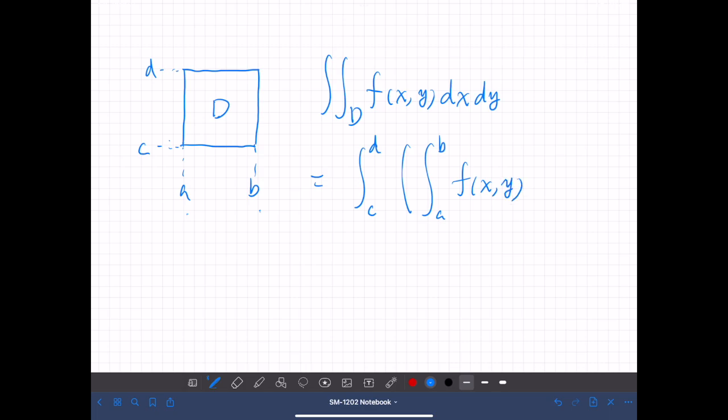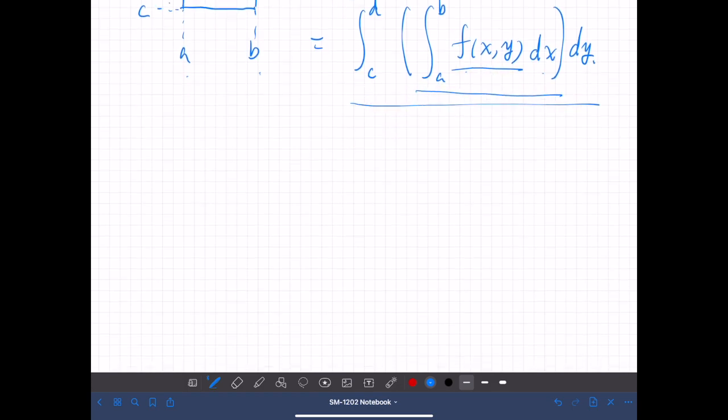Of course, we have proved this theorem when this function f of x, y is continuous on this closed bounded region. So this means first we consider this function as a function of x, then we integrate, and then consider the result as a function of y, then integrate over this.